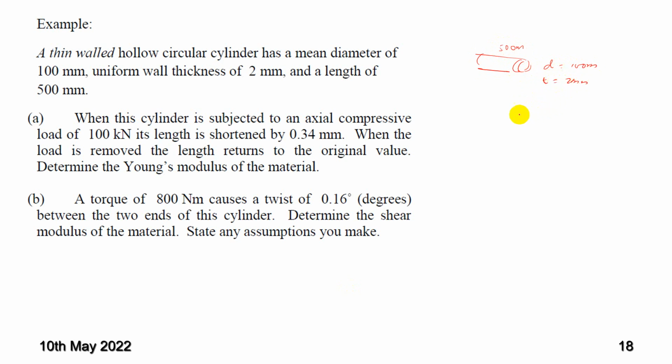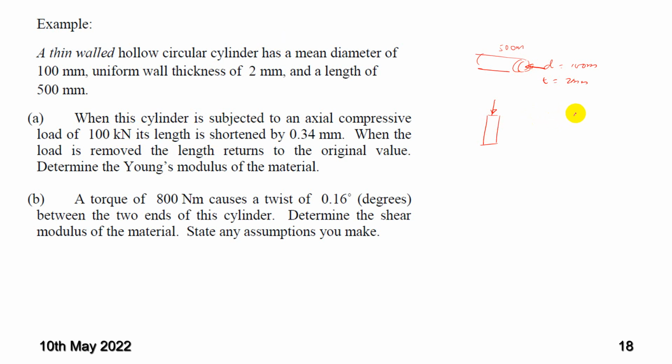Now the first part of the question is, when this cylinder is subjected to an axial compressive load of 100 kilonewton, its length is shortened by 0.34 millimeter.